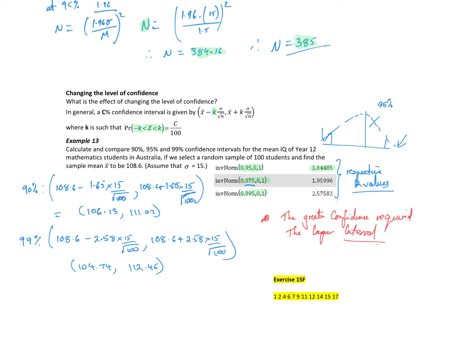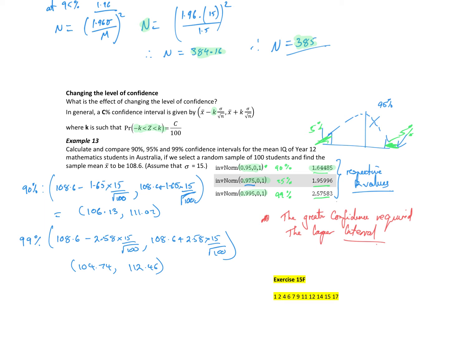If I've got 0.95, that makes that there 5%, which means that down here has to be 5%. So in actual fact, that one there gives me a 90% confidence interval. So that's my 90% confidence interval, 95% confidence interval, 99% confidence interval. 2.58, 1.96, 1.64. Okay, so they're the k values that we use.